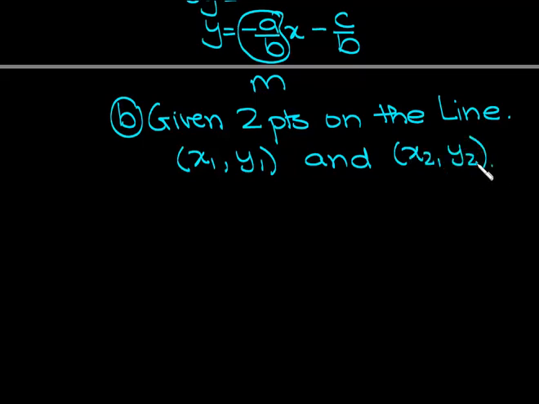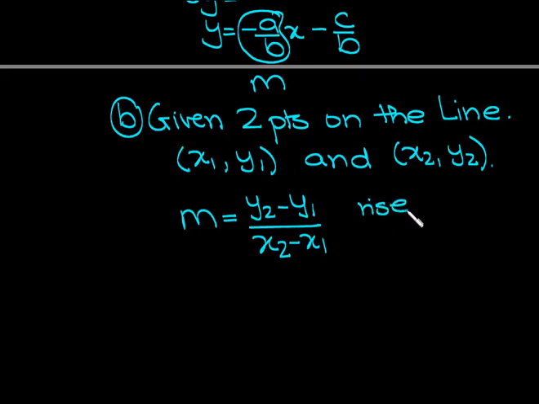My slope m is given by the difference of the y values, y2 minus y1, divided by the difference of the x values, x2 minus x1. The y values are the vertical values, and if you take their difference, you get the vertical rise. The x values are the horizontal values, and their difference gives you the run. That's why the slope is referred to as rise over run. So that's the second way to find the slope.